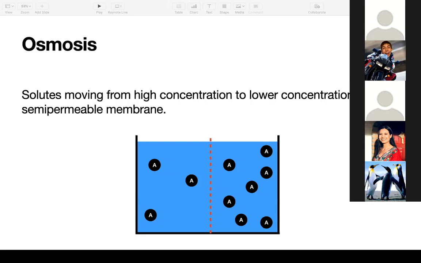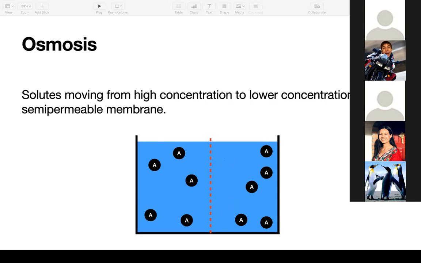On the left side, we have 3 molecules of A, and on the right side, we have 7. So there's an imbalance, and there's going to be a kind of tug of war until balance is achieved. A is going to move over so that there's 5 on the left, 5 on the right. That's basically osmosis. For the purposes of this class, we're really just going to be dealing with the math of osmosis.